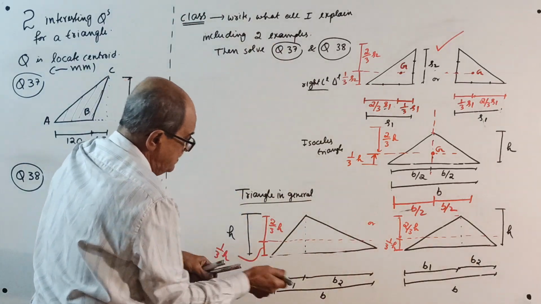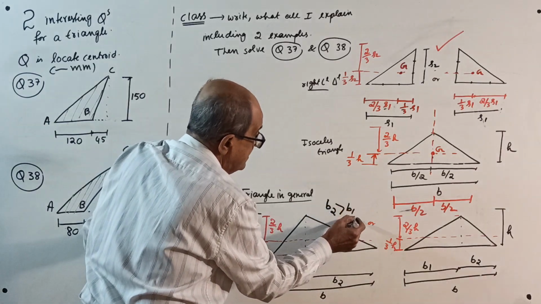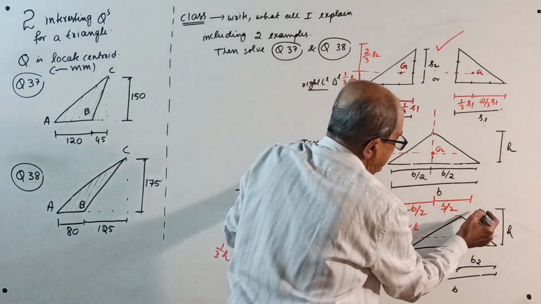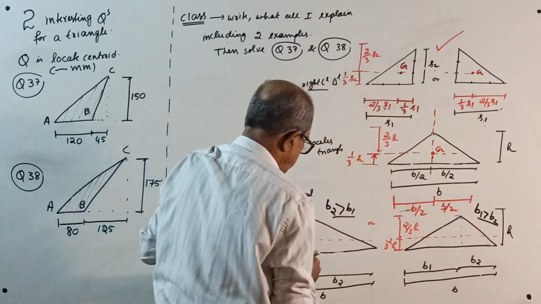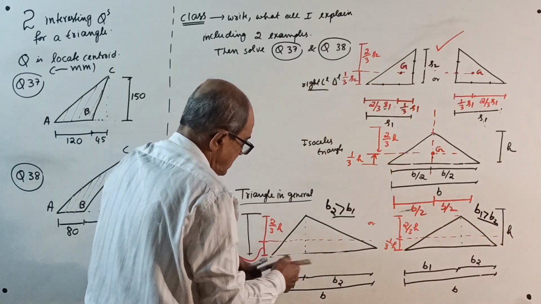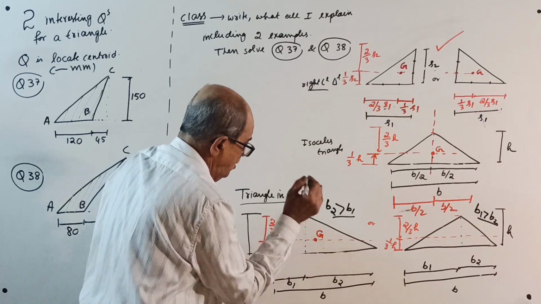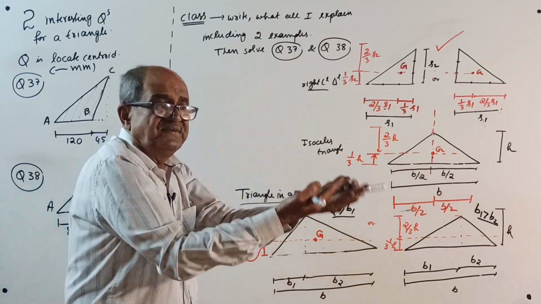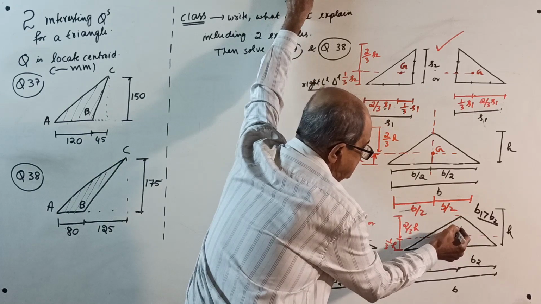Imagine in this case B2 is more than B1. In this other case, B1 is more than B2. Therefore, where the area is more, the centroid will shift to that side. This side has more area, so the centroid will be here, G.